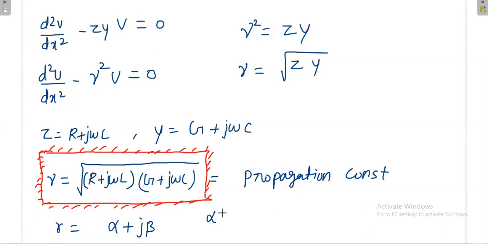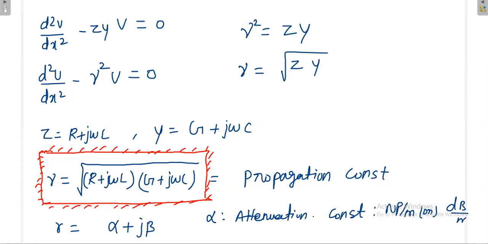Alpha means attenuation constant, and its unit could be Neper per meter or dB per meter. Beta means phase constant, and its unit is always radian per meter.